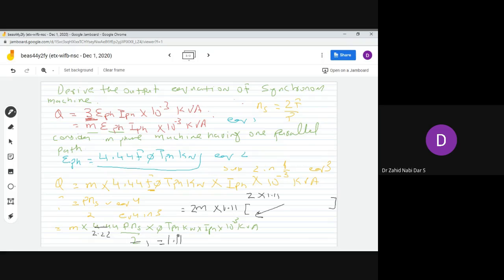So I can write it in terms of 1.11 kW phi, and this 2m, which I took outside of 1.11, is inside, I phase, T phase inside, and one more thing that is missing is ns into 10 power minus 3. Once I wrote this in terms of this, I'll take it into the next slide to understand.